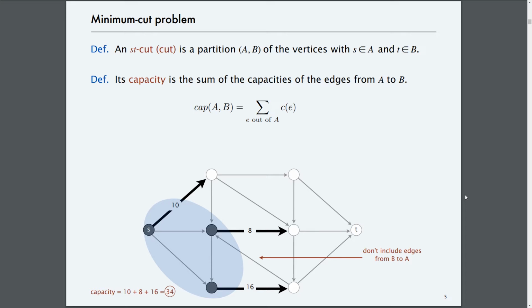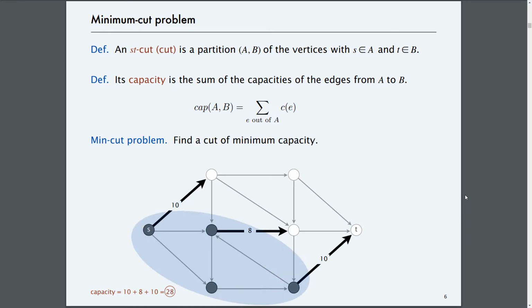And here we do not include edges from B to A, just from A to B. So we want to find a cut of minimum capacity. For example, here, this is less than the 30 we had earlier. Here we cut along this edge, and this edge.